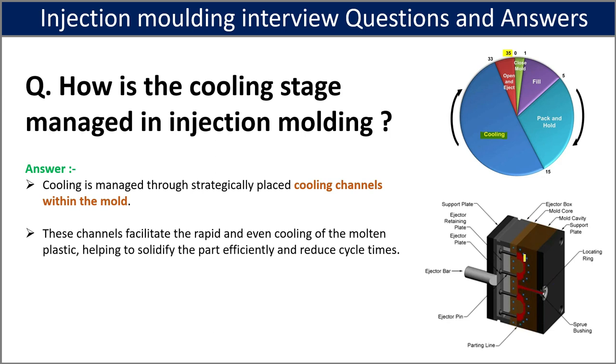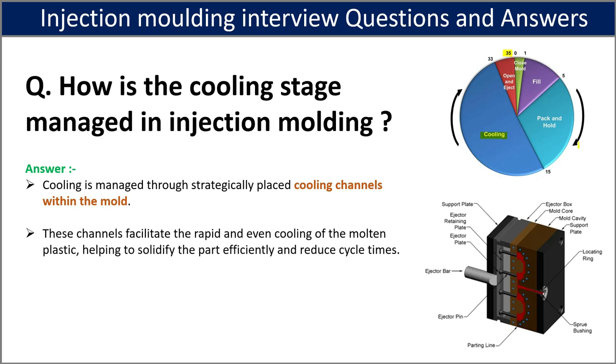In the mold we are passing a liquid, which can be water, or different oil coolants. We are creating channels inside the mold and passing liquid through the mold so that we can rapidly cool the part and reduce the cycle time.